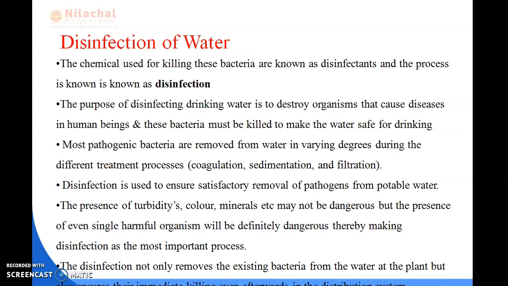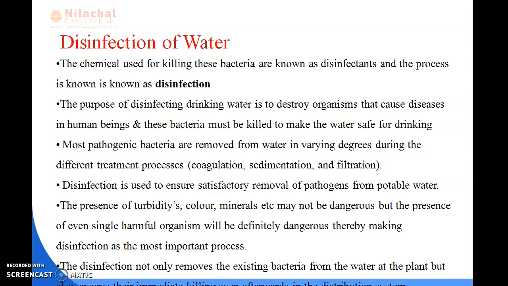So this disinfection process uses chemicals to kill bacteria, and its main purpose is to destroy the organisms that cause diseases in human beings, making the water safe for drinking.